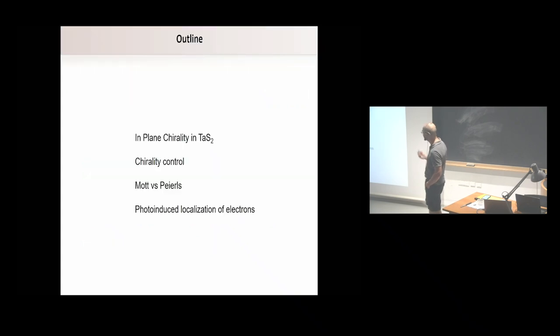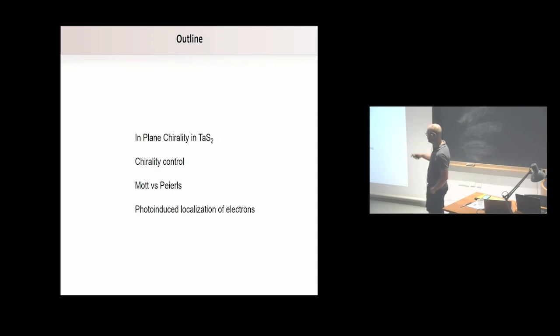So this is a little bit the outline of what I'm going to talk about today. First, I will make it clear what I mean by in-plane chirality in this tantalum disulfide. Then why it is interesting, which means how can we control it, and by which means. We tried several things.